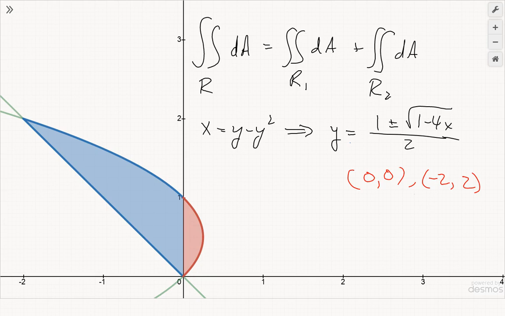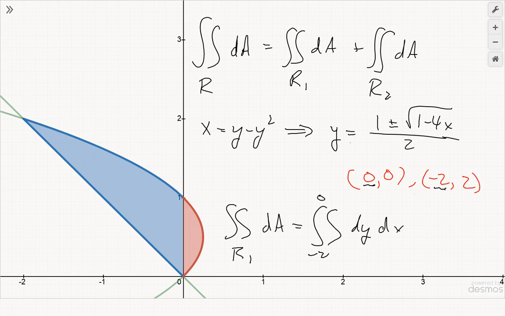So the area of R1, we're integrating with respect to y first, since we have vertical slices, then with respect to x. Our x value goes from negative 2 to 0, and then our y value goes from 1 minus x to 1 plus the square root of 1 minus 4x, all over 2.